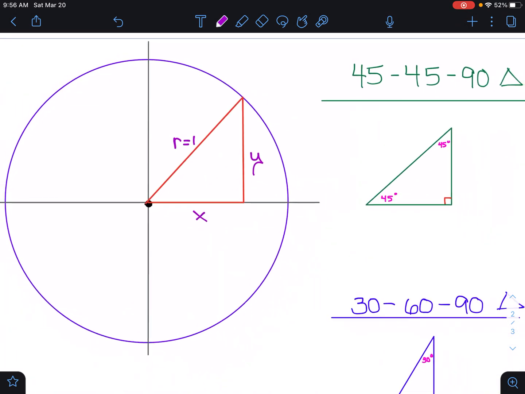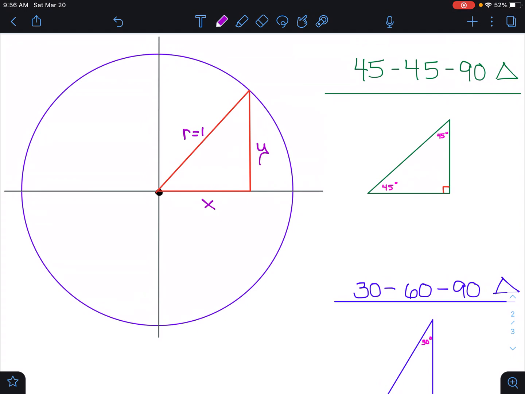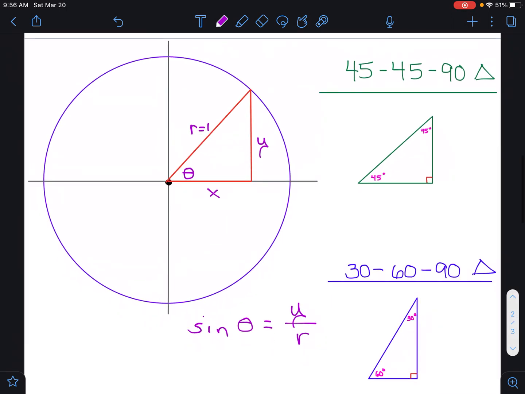So when I think of things like, well, let's put theta right here. That's my theta. Let's say I said sine of theta. What would you say that is? Well, sine is opposite, so in this case that would be y, over the hypotenuse r, right? But we know that that's 1, so this is really just y.